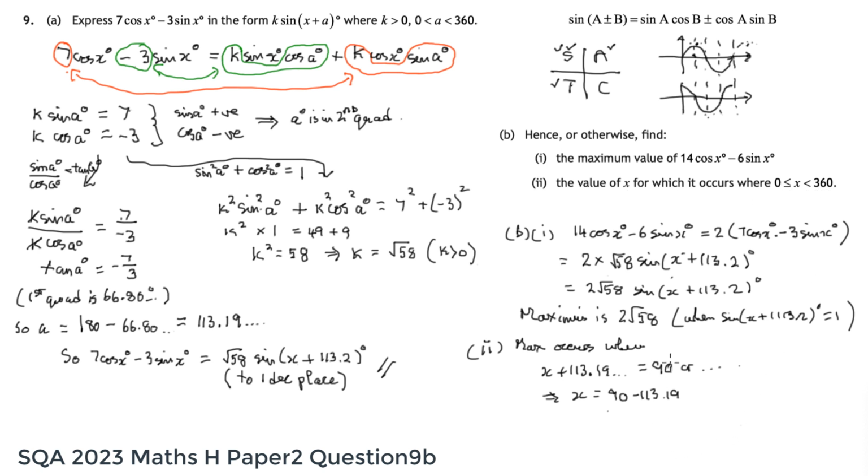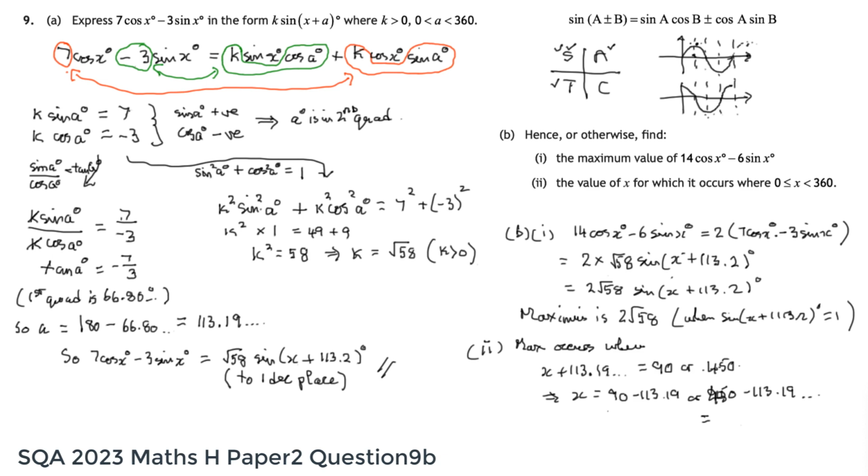So it's not the 90 we're going to contend with. Let's add 360 to that. So we'll get 450. So there's another value of x, and this one will lie in the range that we're asked for.